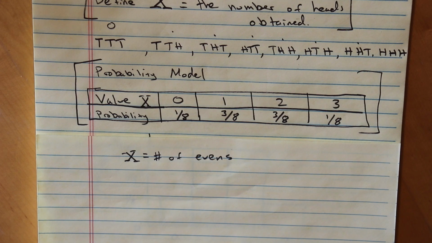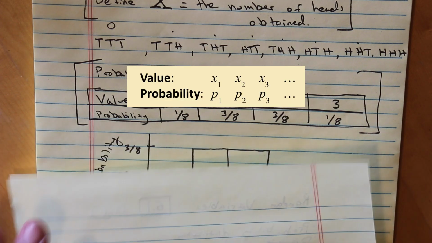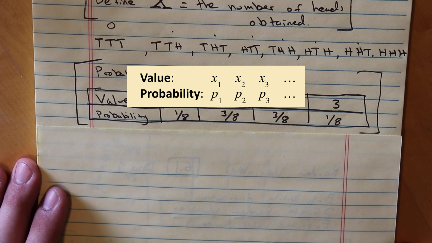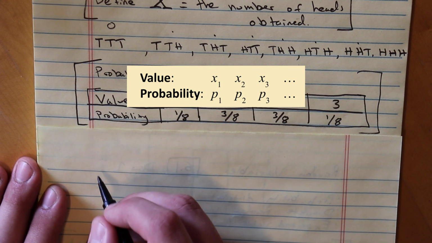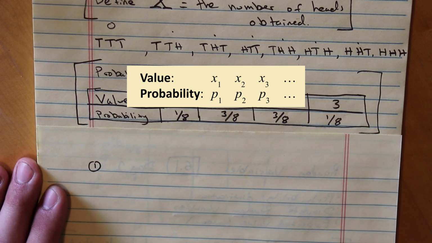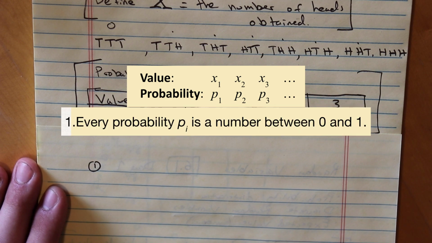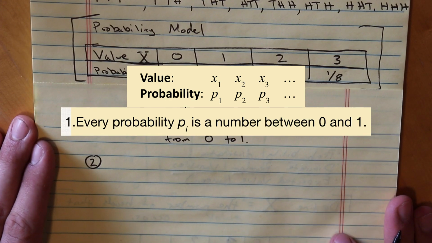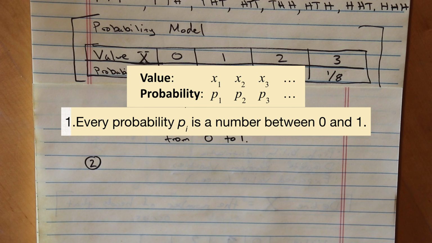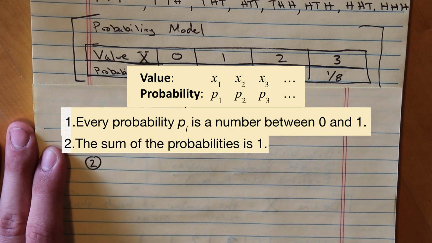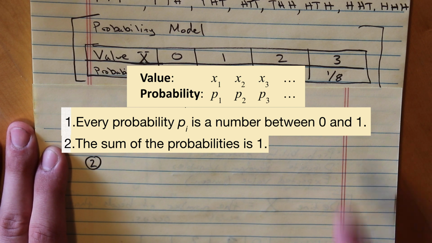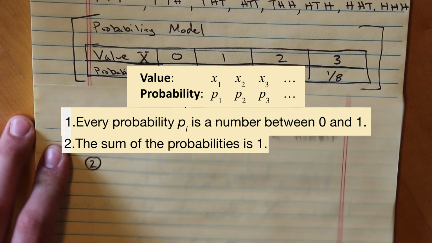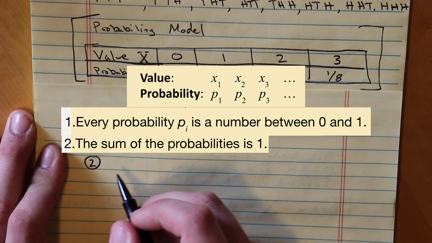There are a few rules for discrete random variables. Rule number 1 is that every probability is a number between 0 and 1. And that should make sense from previous ideas in this course. The second rule is that the sum of all of the probabilities in this model has to be equal to 1.